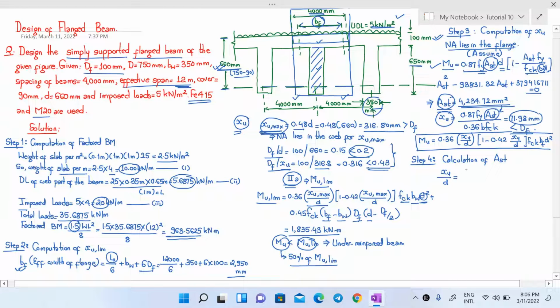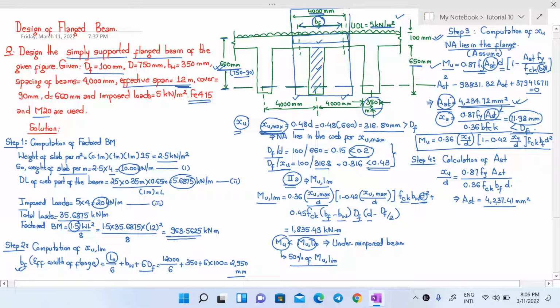XU by D is given by 0.87 Fy AST divided by 0.36 FCK BFD. From this, you get the value of AST as 4237.41 millimeter square, which is almost equal to the value that we obtained here.